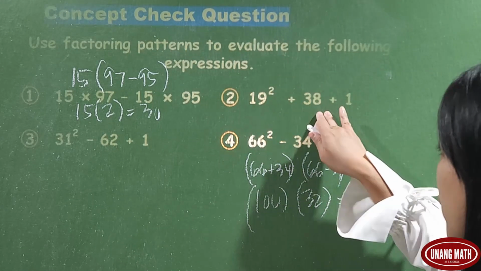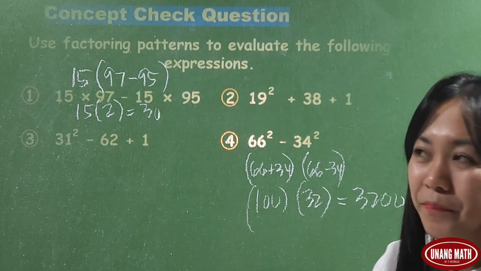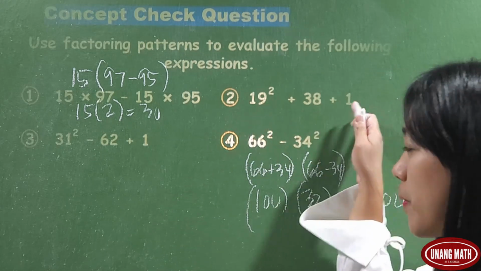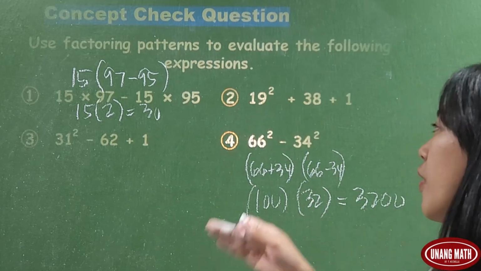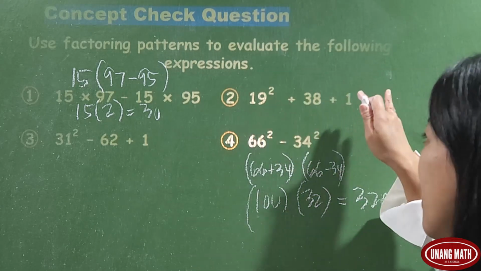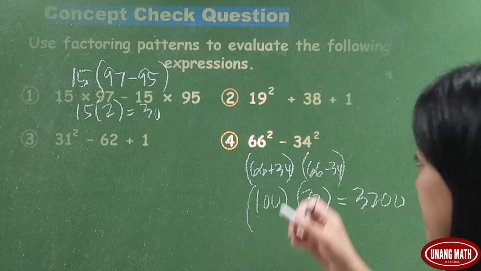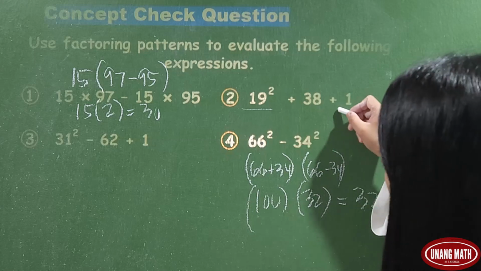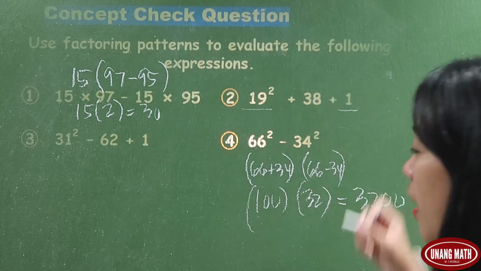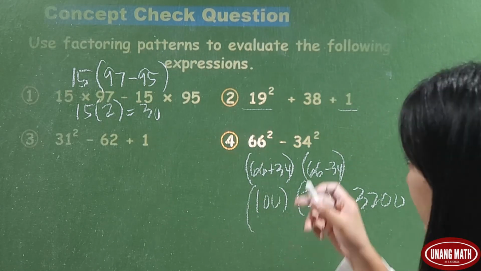Okay, now, let's go to number 2, the second expression. 19 squared plus 38 plus 1. This is a perfect square trinomial, but let's find out why. The first and last terms are squares.